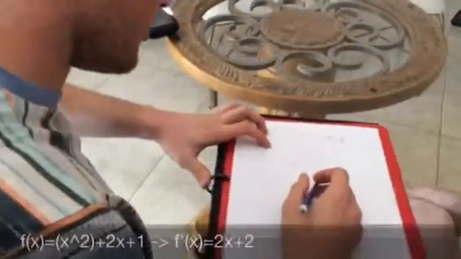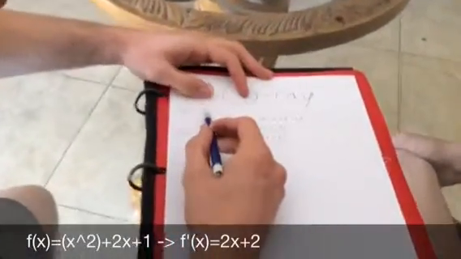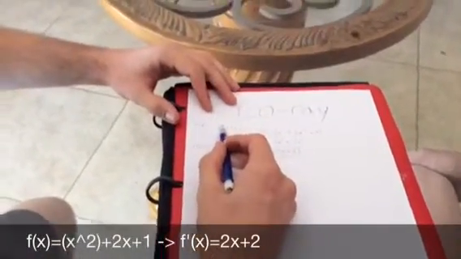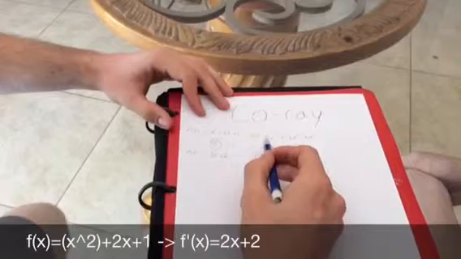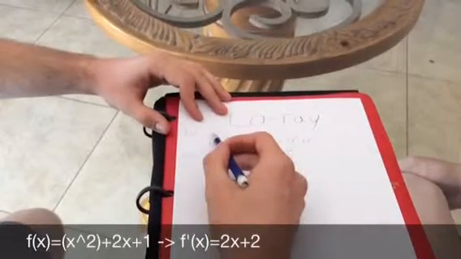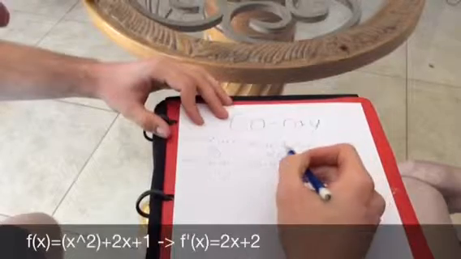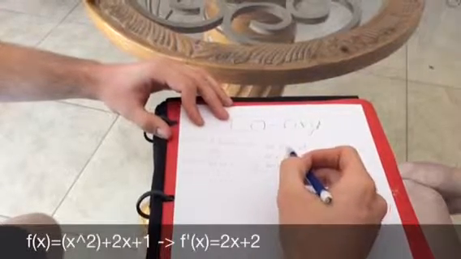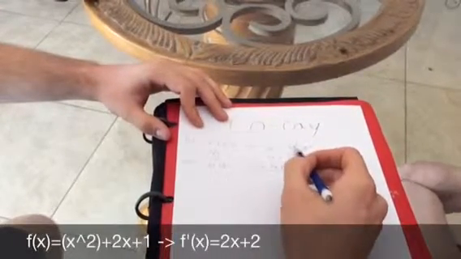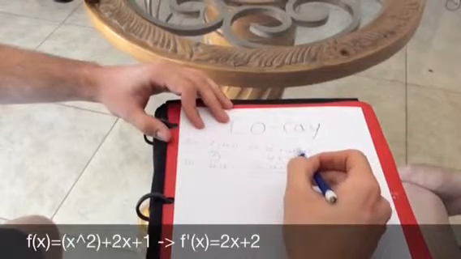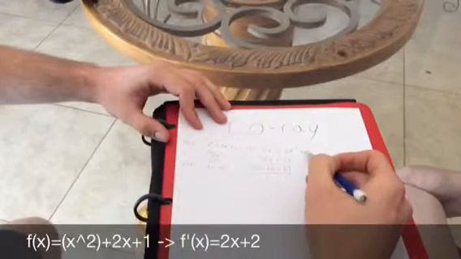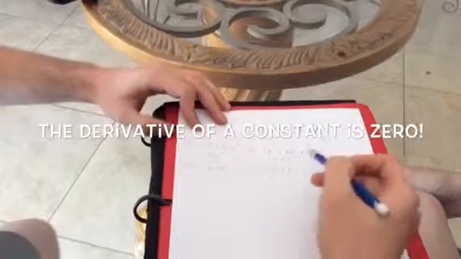Why is that? Alright, look, I did it for you here. You bring this 2 down from the exponent here, so 2x, and then you subtract 1 from that exponent. Then you go into the next term, 2x, x to the 1, subtract 1 from that exponent, and then you get rid of this last term because it doesn't have an exponent.